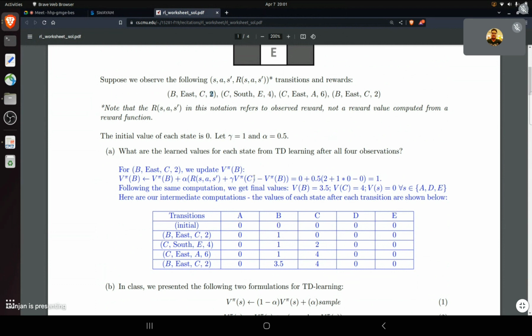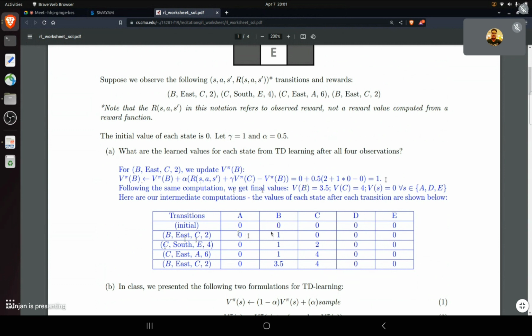And V pi of B was initially 0, so we got 0.5, that is the alpha. R is 2 and gamma is 1, so we got 1, right? So initial is 0 0 0 0. After B east C comma 2, for A it is 0, for B it has become 1, right? And following the same computations we get the final values.